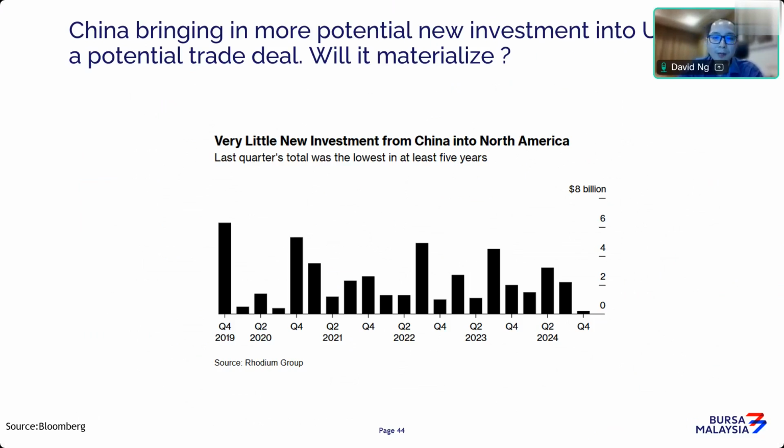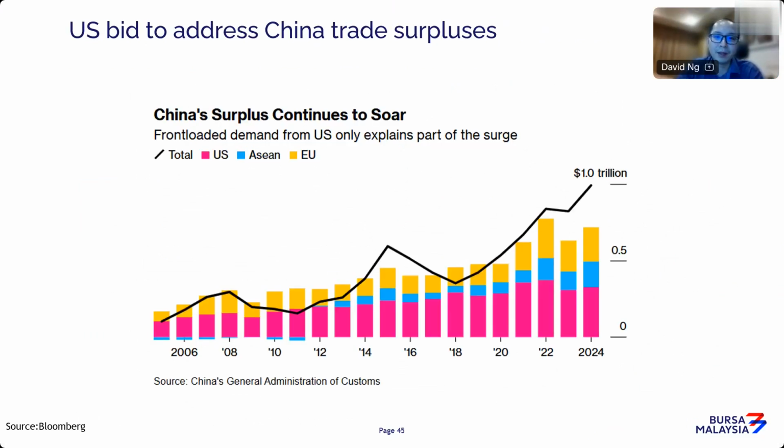So when it comes to policy measures, I'm not sure what's going to be negotiated, whether there's a bit of leeway when it comes to tariff policy, but I think anything can be on the table. But whether China investing more into the US market as part of the trade negotiation is still too early to tell.